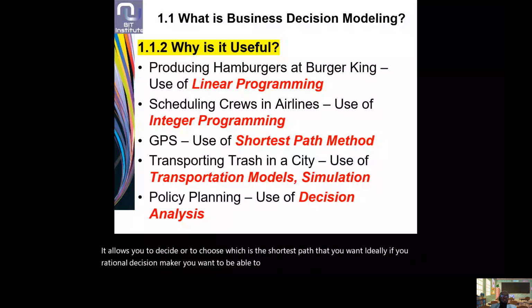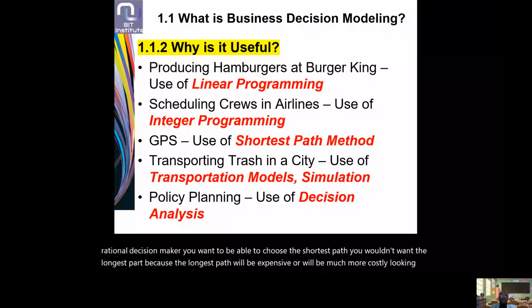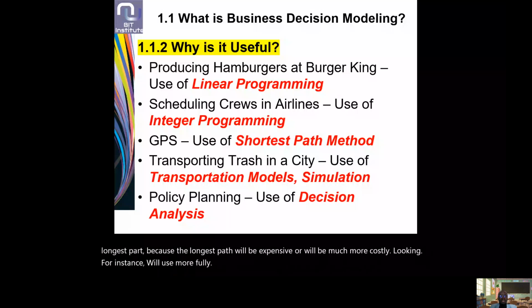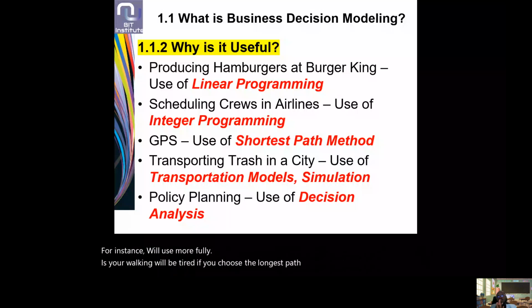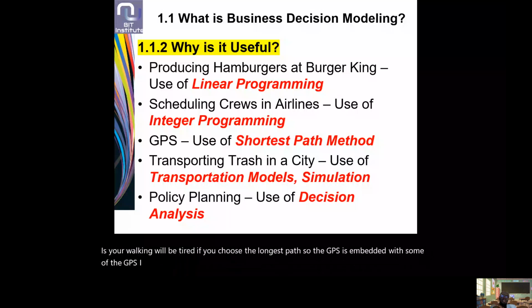You wouldn't want the longest path, because the longest path will be much more costly. For instance, you'll use more fuel. If you're walking, you will be tired if you choose the longest path. So some of the GPS are embedded with some of these techniques of business analytics, such as the shortest path method for determining the shortest distance for you to travel.